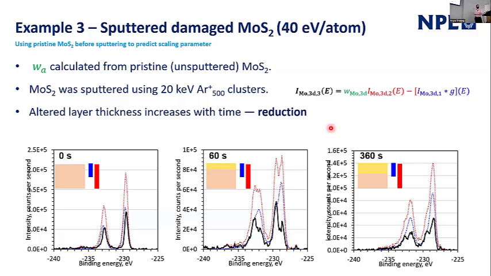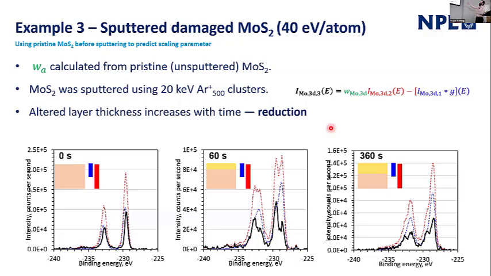And so it gets to the point where you're not really removing that altered layer, you're just reducing its contribution to the quantification. That's most clear by the 60-second sputter in the middle there, where you can see the damage component, which is this low binding energy component, is quite significant in both the aluminium and the silver data, but it's the less dominant component in the surface free depth distribution.